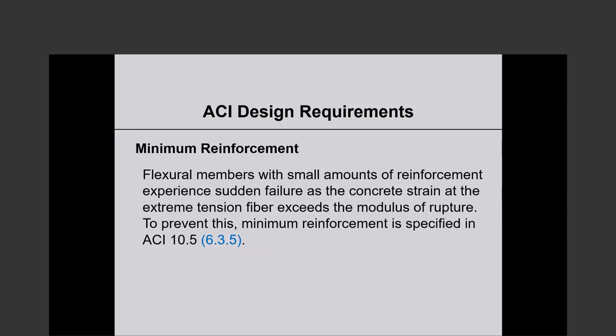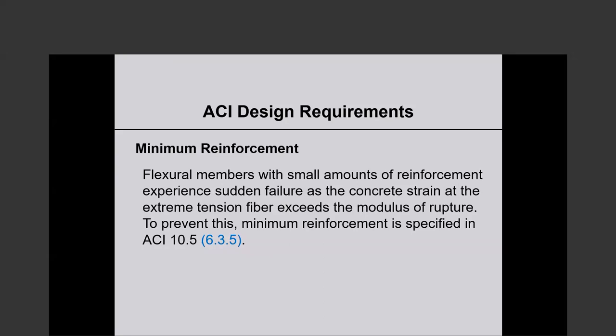We want failure to be preceded by cracks that we can see, by deflection that is visible. Okay. So we need a minimum amount of tension reinforcement for a reinforced concrete beam to behave like a reinforced concrete beam and not like a plain concrete beam.